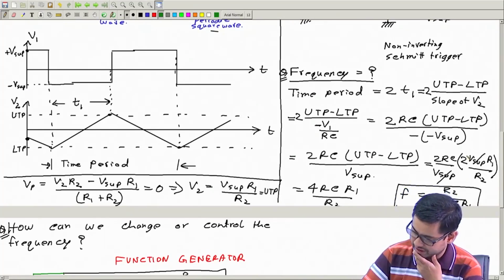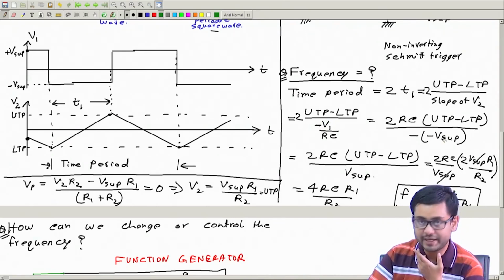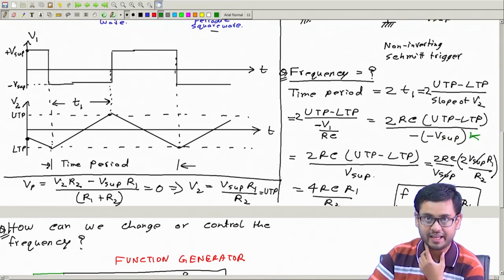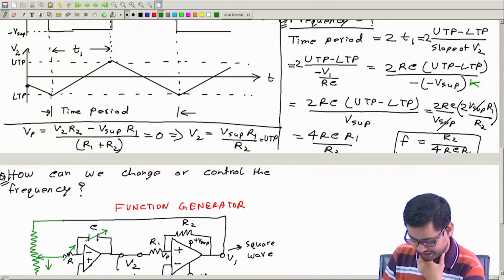In this derivation, we wrote V1 by RC is the slope, and we wrote V1 is equal to minus V supply. But it may not be so, it can get multiplied by a factor k, where k is determined by this potential divider.